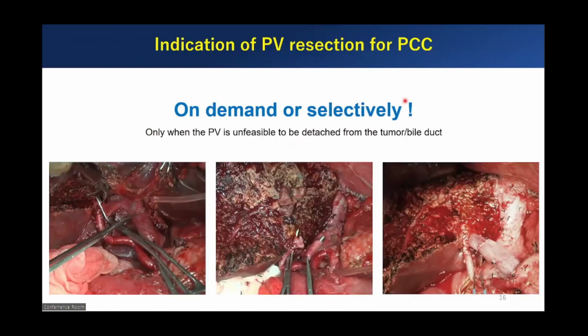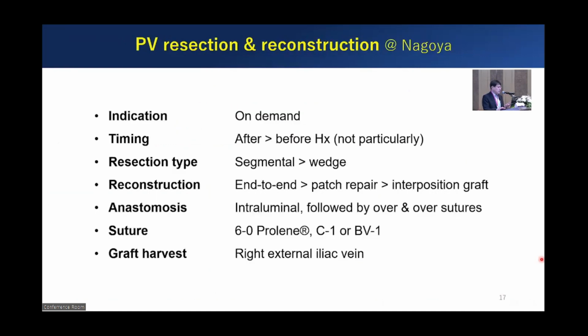So portal vein resection should be performed on demand or selectively. Which is, you can see the portal vein invasion during the surgery, then divide and reconstruct like this. So this is a summary of portal vein resection and reconstruction at Nagoya University Hospital. Indication: on demand.